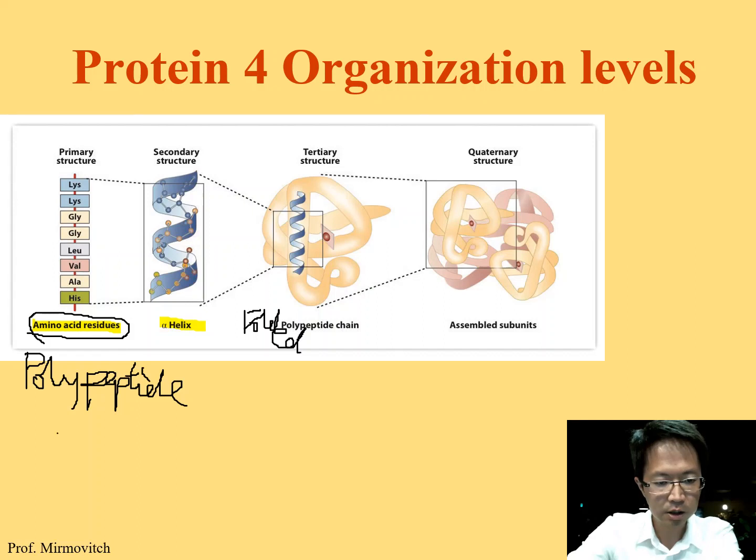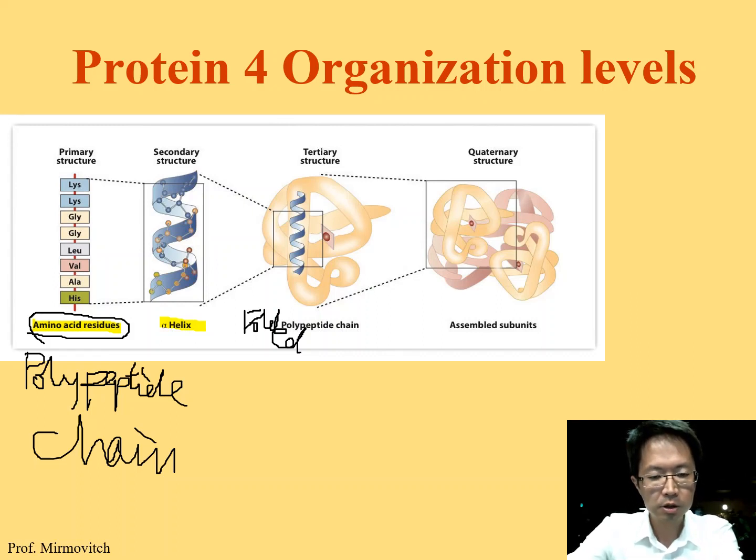Polypeptide chain. So this is the folded polypeptide chain, the tertiary structure. Or we should call the primary structure the unfolded. Yeah, unfolded is better, because this is just a strict chain.